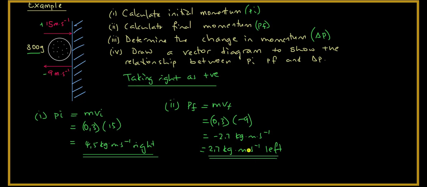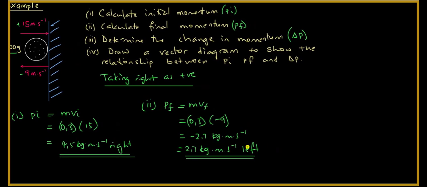Alright, now next up I need to calculate my change in momentum. So this one's going to be very easy because I already have my initial and final. So I'll simply say my change in momentum is equal to the final momentum minus the initial momentum, which is equal to -2.7. So I take this one with the negative sign, minus the initial momentum is 4.5.